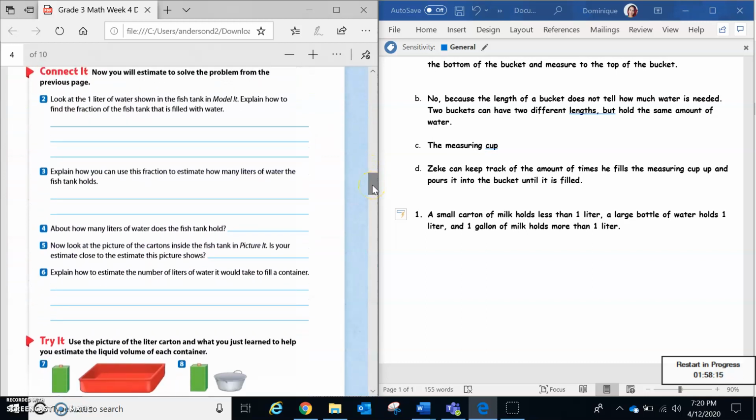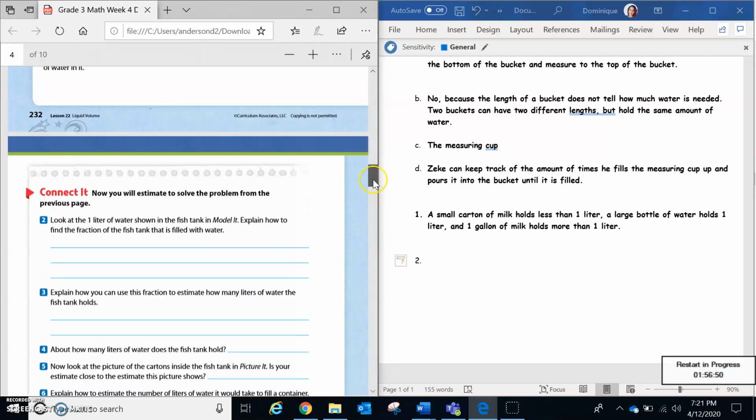All right, now we're going to estimate to solve the problem from the previous page about the fish tank. So let me get started. Number 2 says, look at the 1 liter of water shown in the fish tank and model it. Explain how to find the fraction of the fish tank that is filled with water.